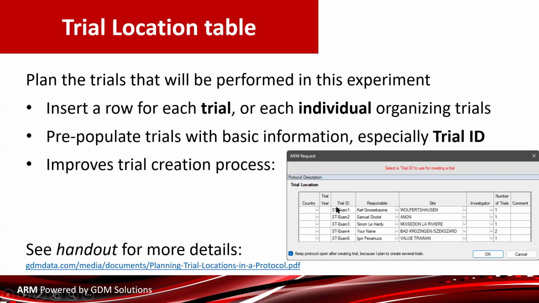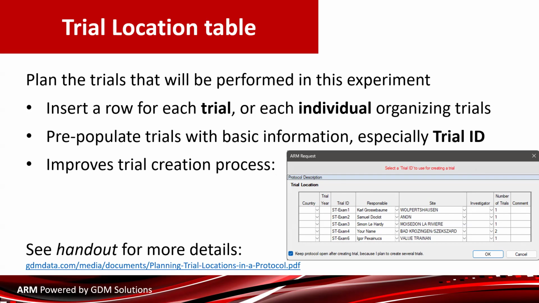A different way to look at it is that you can fill in trial IDs, and each one is unique. Every single trial that's going to be created from this protocol will be in this table. Then, of course, number of trials would presumably always be 1 in that case. So there's a lot of flexibility with this table.